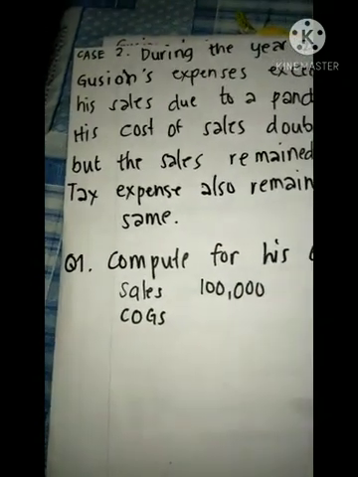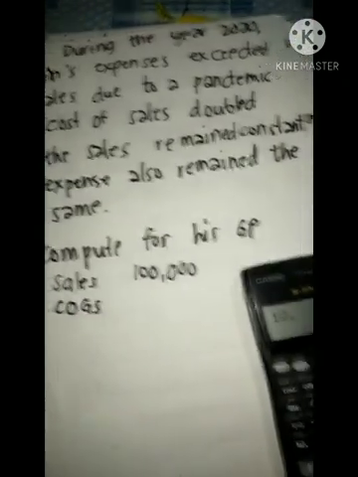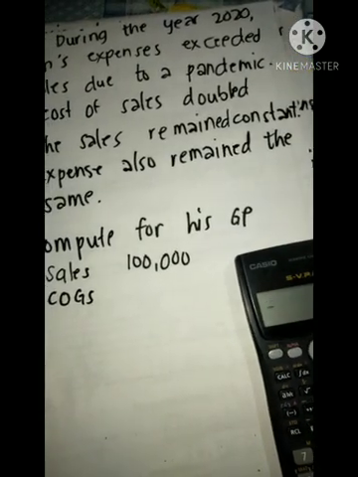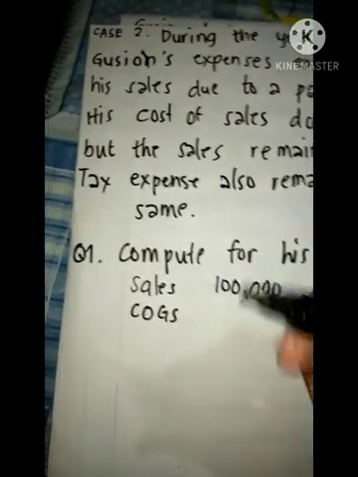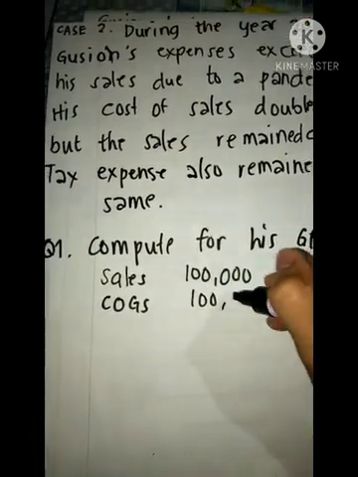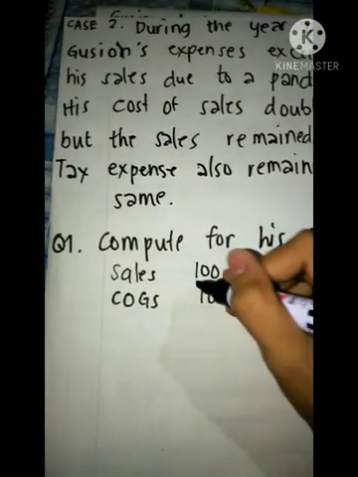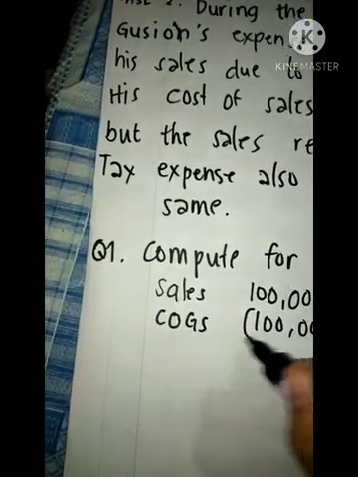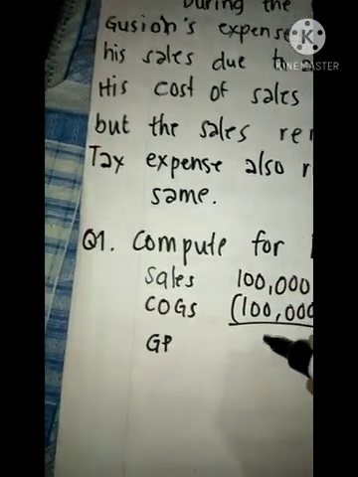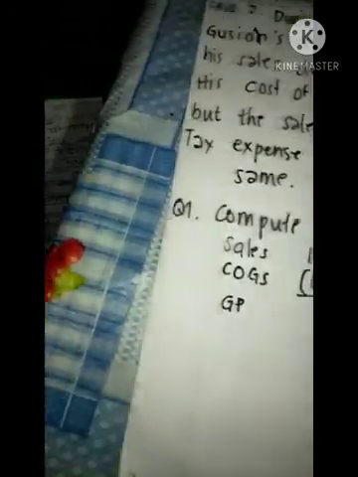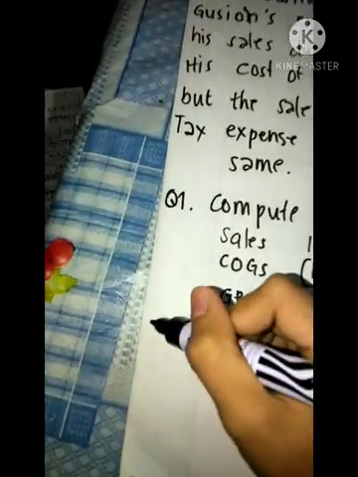So, ita-times 2 lang natin yun. 50,000 times 2 is equal to 100,000. So, the cost of goods sold of Gushon for the year 2020 is 100,000. Therefore, the gross profit is 0. Okay? Question number 2.